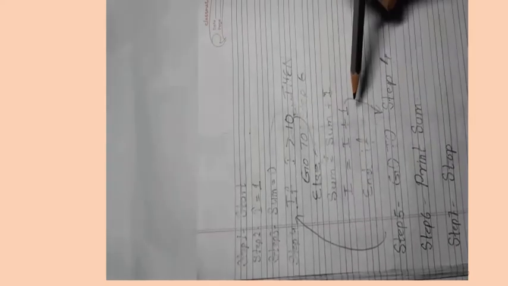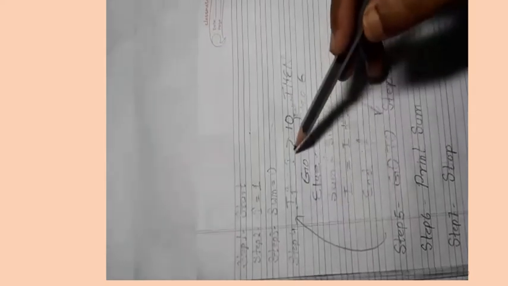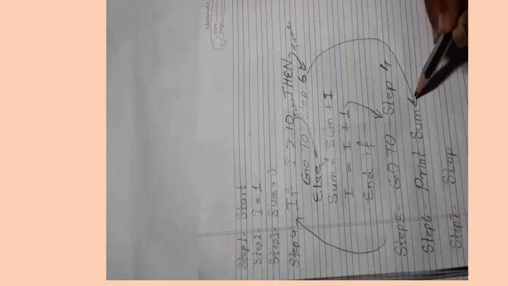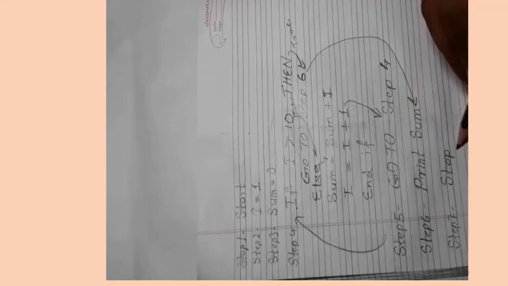The value of I will increase, and say after the 10th step, I will make this condition true. Once this is true, then it will go to step number 6, come out of this loop, print sum and then stop. Let us see the flowchart.